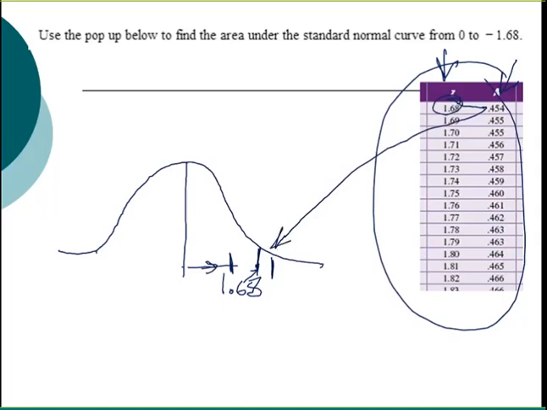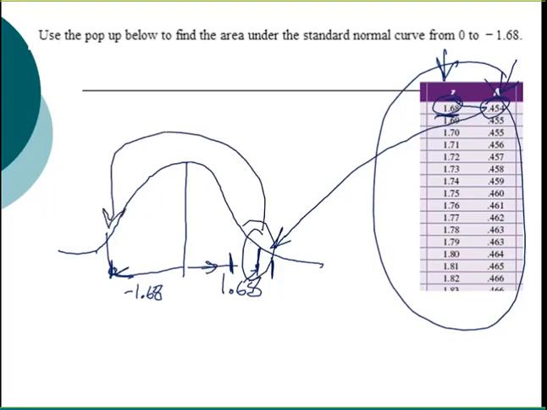Well, if I go this way, negative 1.68, that would give me the same distance. The only difference is my answer on my chart gives me the positive one. Well, this is reflective. It says earlier that the bell curve is symmetric, so whatever my answer here is will be the one that I get over here.